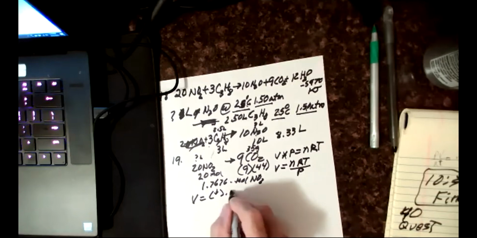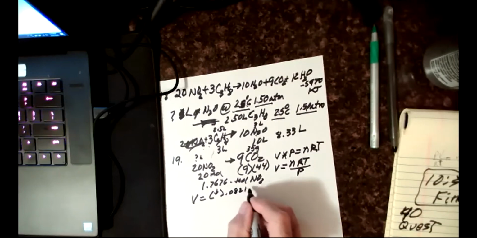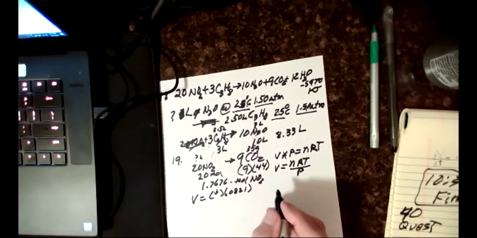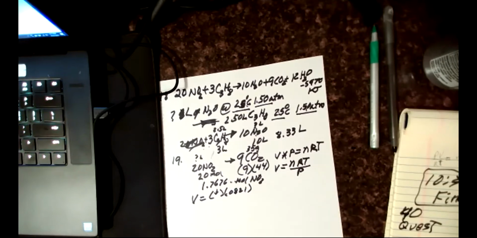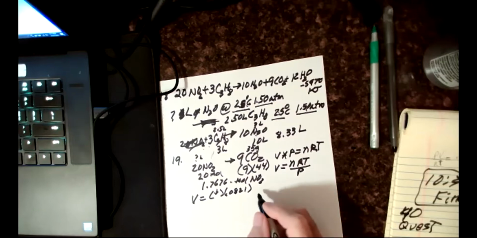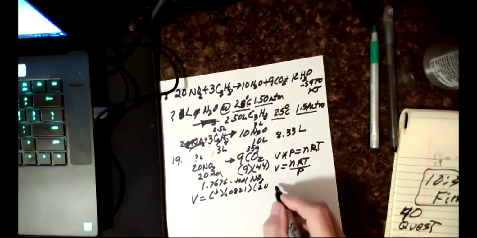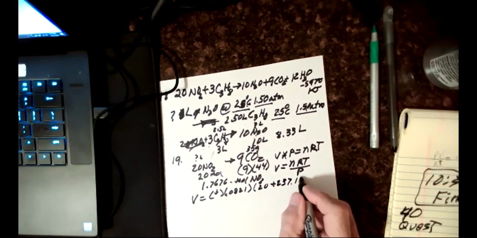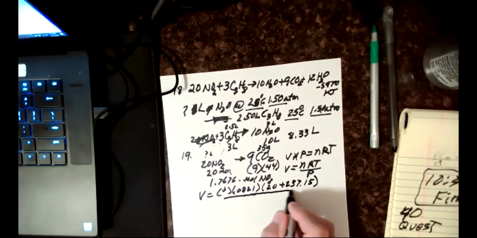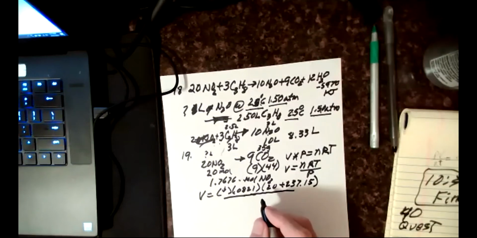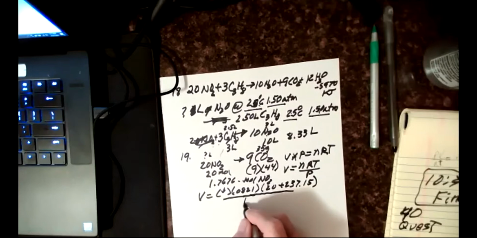R is 0.0821 liter atmospheres per mole per Kelvin. And the temperature is 20 degrees Celsius. So that's 20 plus 273, divided by the pressure. Pressure is given at 1.5 atmospheres.